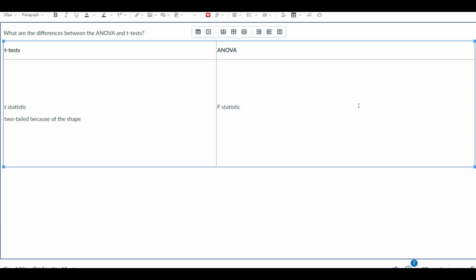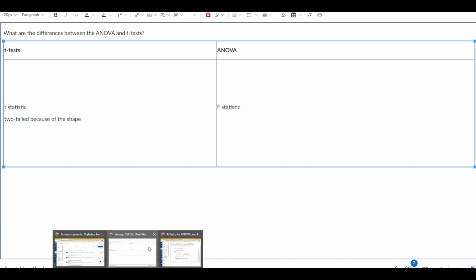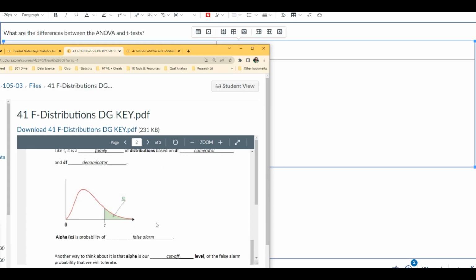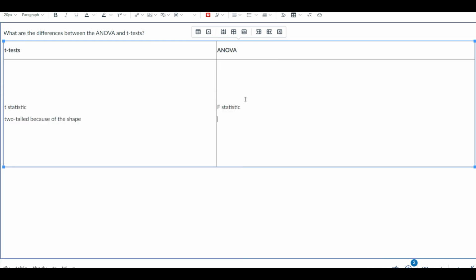Whereas with our F statistic, as we pointed out, that one uses a one-tailed curve, right? One-sided, one-tailed because of this shape that we have and the fact that we're looking at ratios. So it's one-tailed because of shape.